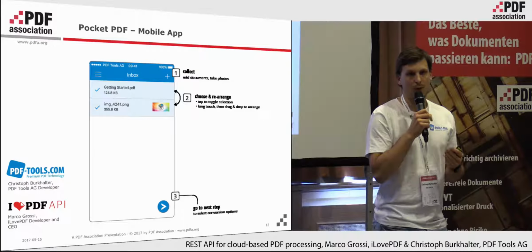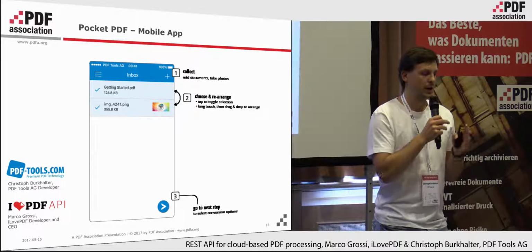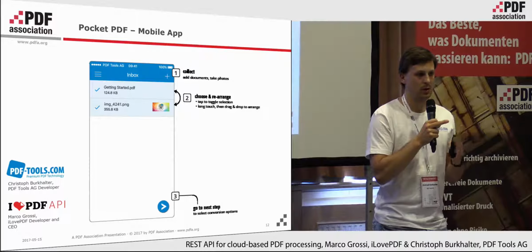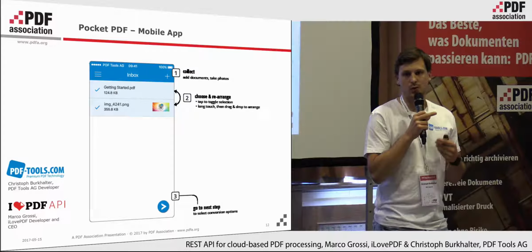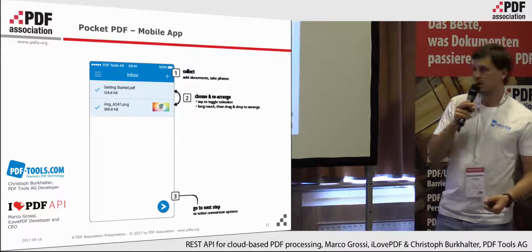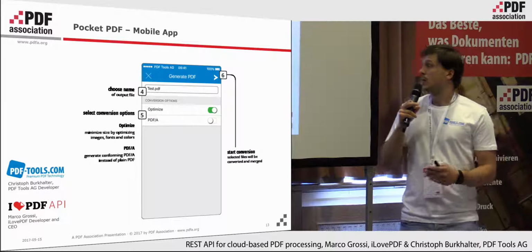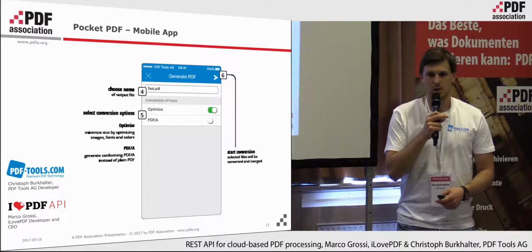So for mobile apps, we are used to sharing data with other applications. So it needs to be integrated into the system so that the user is familiar with how to work with it. So you can just add your documents there, and then you can configure the options.